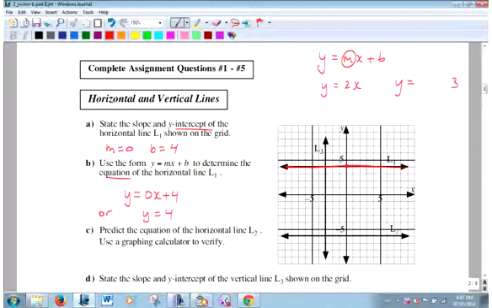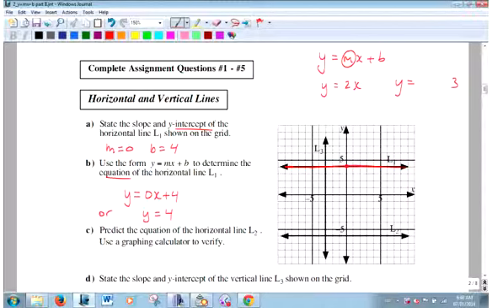We don't care what x is. If x is 0, y is 4. If x is negative 5, y is 4. If x is 7, that's here, y is 4. Okay, we don't care what x is. There is no x. Y is always 4, regardless of what you want x to be. Okay, that's what that says. Y is 4. There's no x.